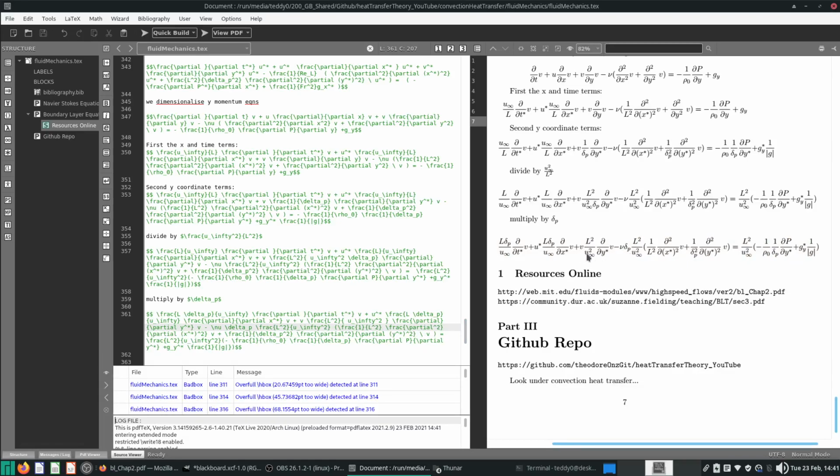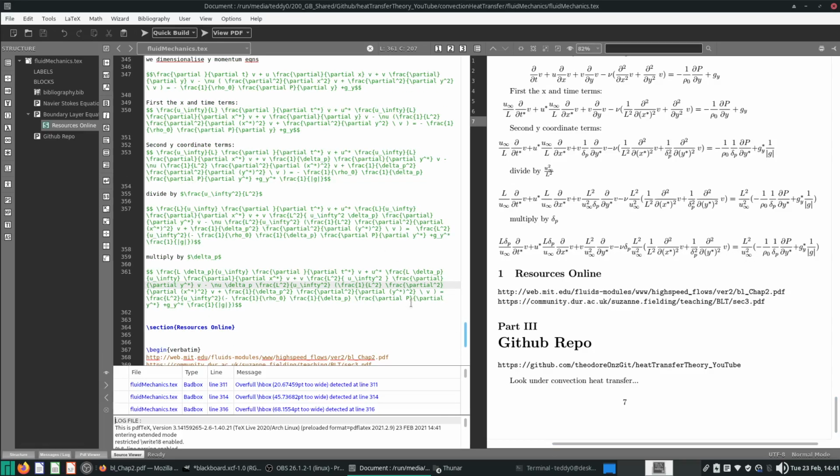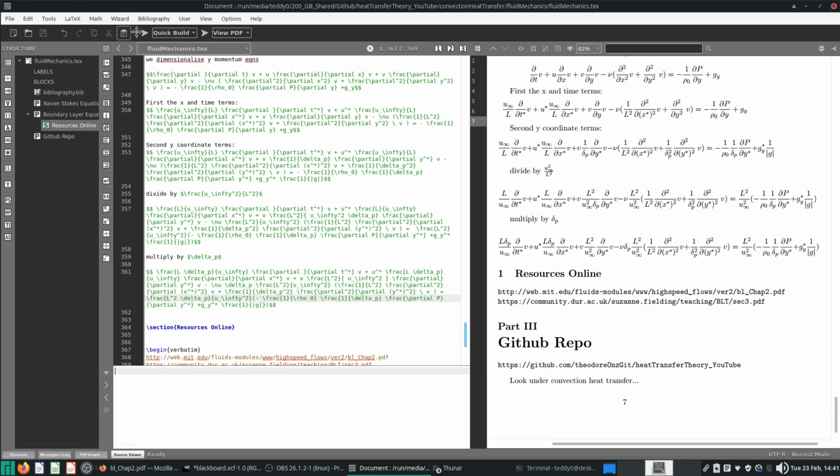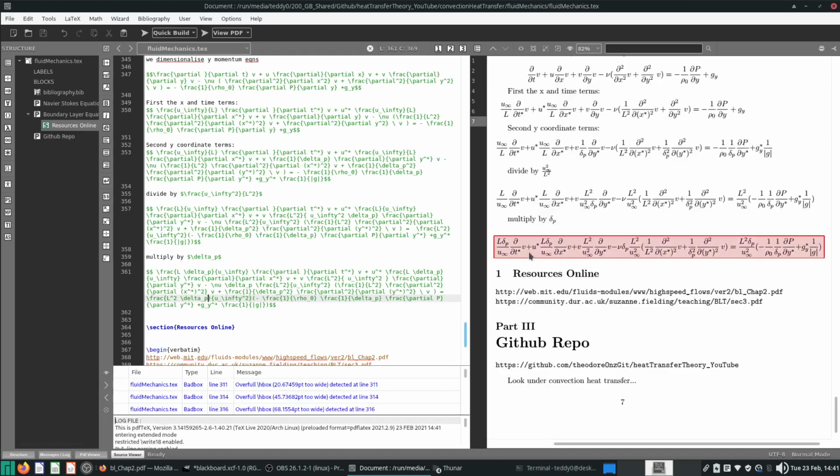This one, the delta p of course disappears. Then delta p should also appear on the right hand side. What do you notice again here? Maybe I should have divided by delta p instead.